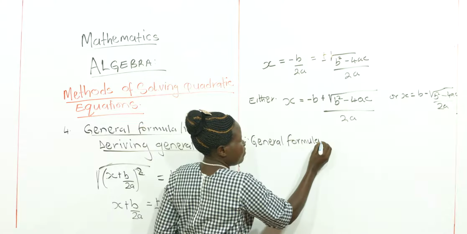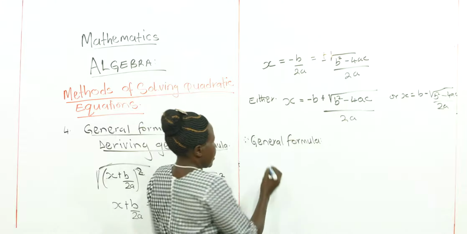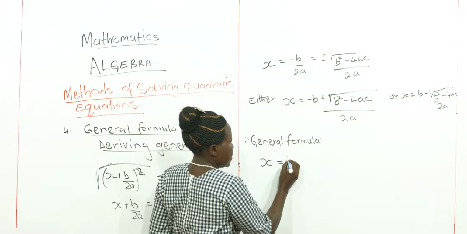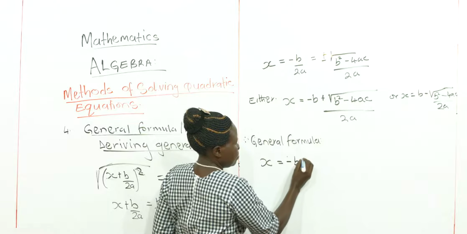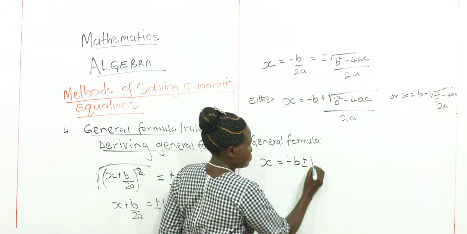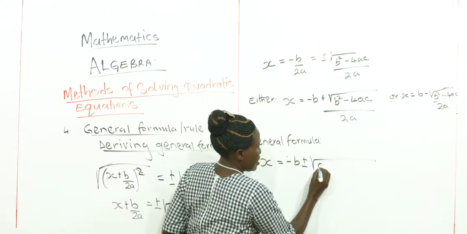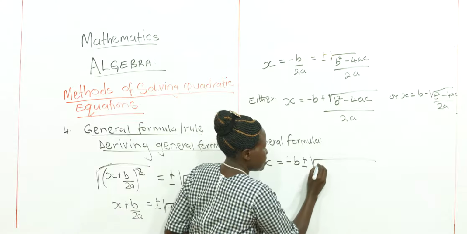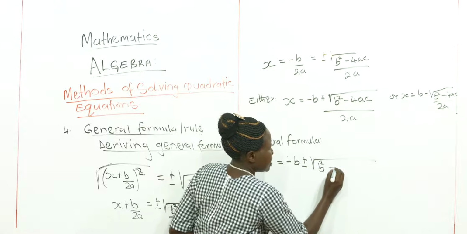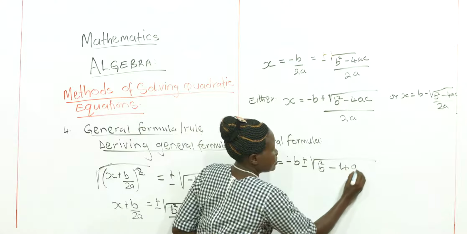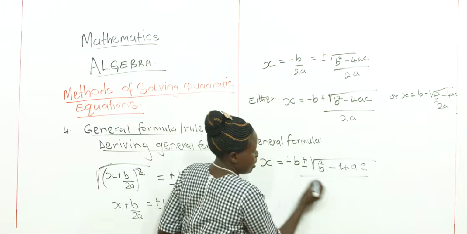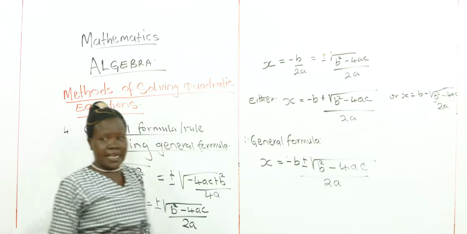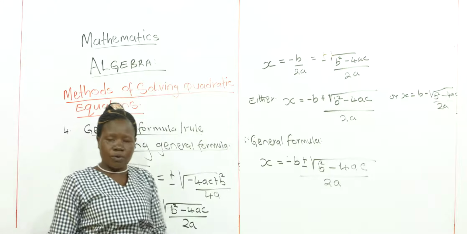So our general formula will be x equals negative b plus or minus the root of b squared minus 4ac, all out of 2a. So dear learners, that is how you derive our general formula.